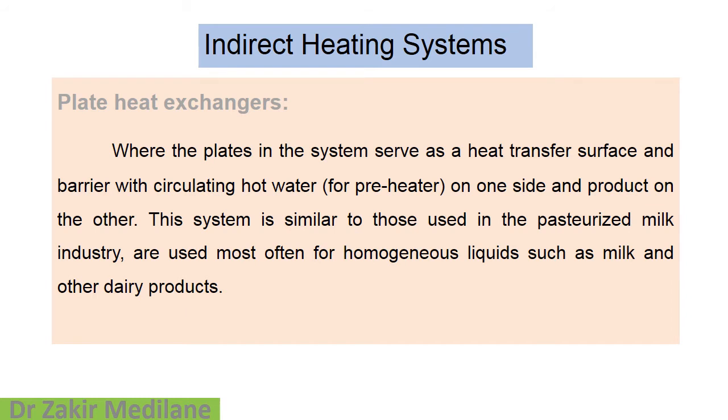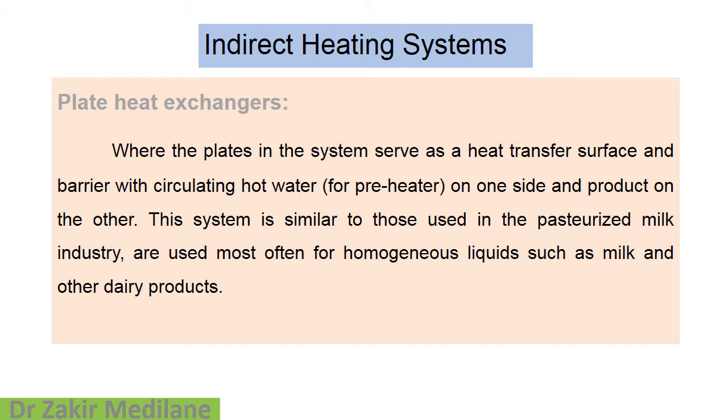Next is the indirect heating system. In the indirect heating system, one method is the plate heat exchanger. By using plate heat exchangers, we can perform aseptic processing, which comes under the category of indirect heating systems. The plates in the system serve as a heat transfer surface and barrier with circulating hot water.